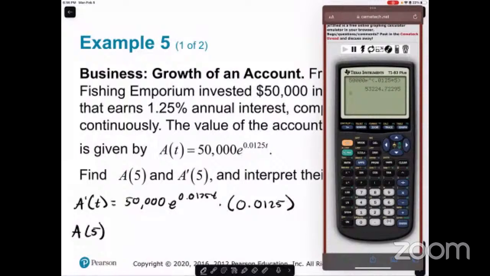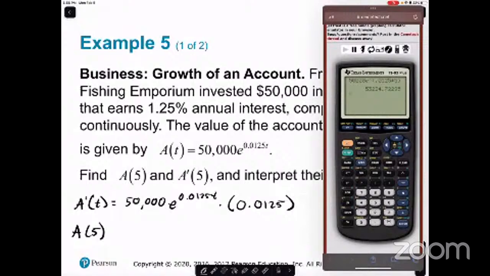It's always disheartening. I see that. We're going to need a bigger principal for it to be like anything substantial. So here we get approximately $53,224.72.